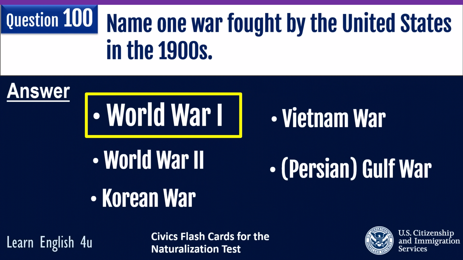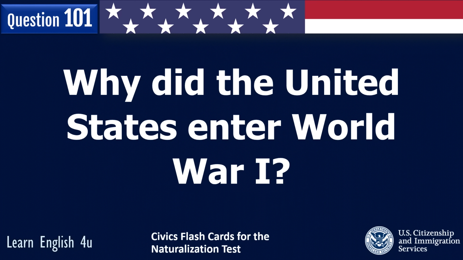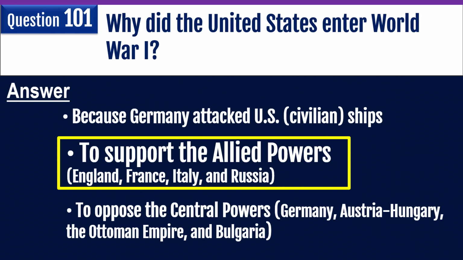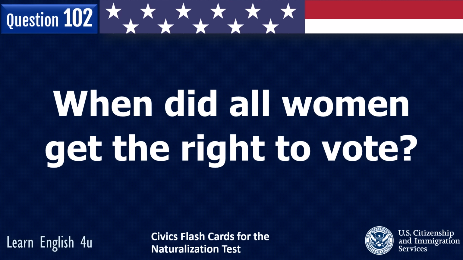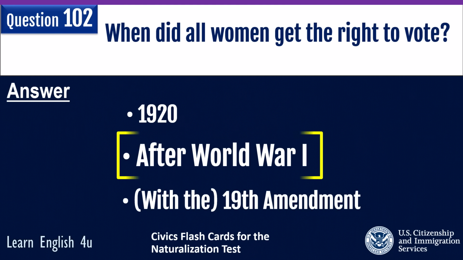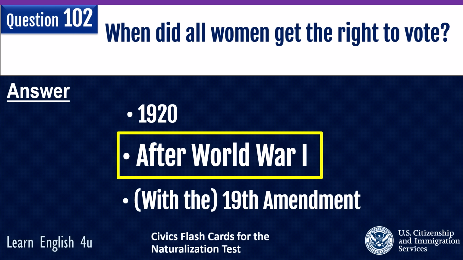World War II. Why did the United States enter World War I? To support the Allied powers. When did all women get the right to vote? After World War I.